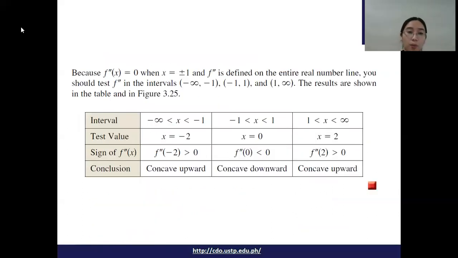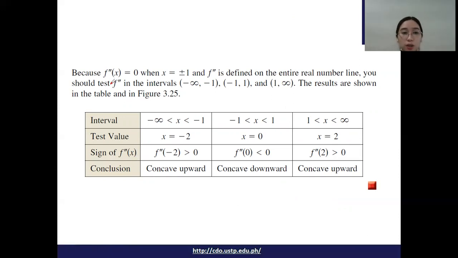Now we begin the tabulation. Using the same table as in the first derivative test, we need to write the interval, the test values, the sign of the second derivative, and your conclusion.